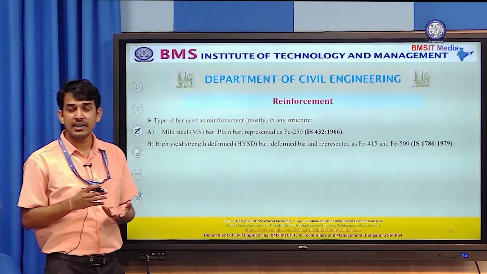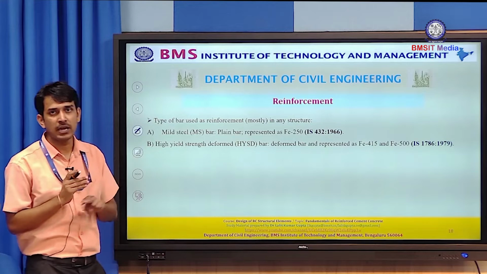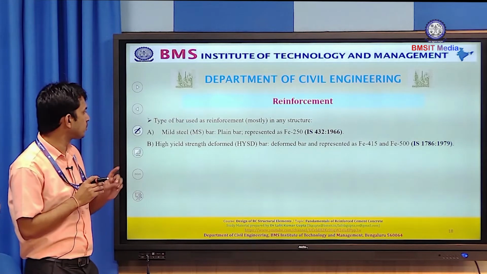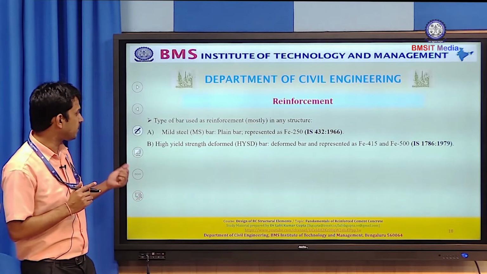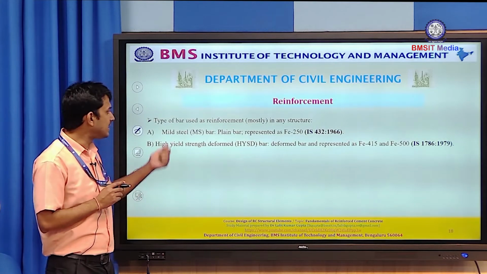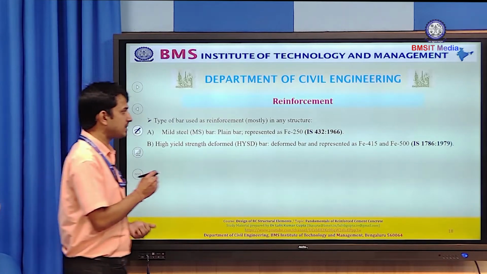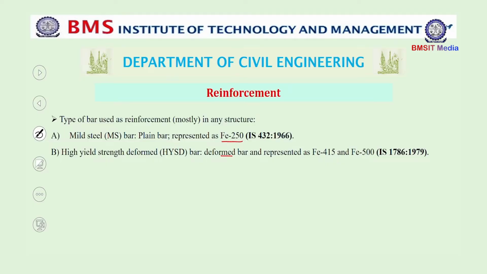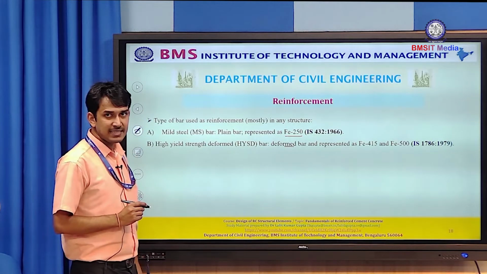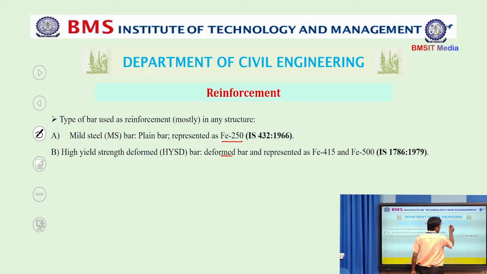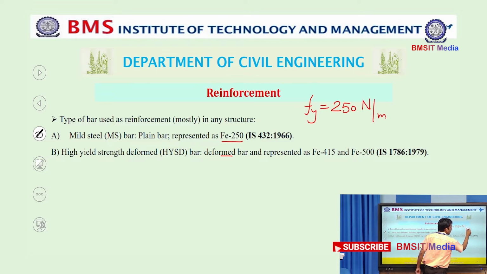Now what types of steel reinforcement do we have? Generally we have two types: the first is mild steel and the second is HYSD bars. Mild steel is the plain steel which we represent as Fe250. Its yield strength, which we represent as Fy, is 250 Newton per mm square.